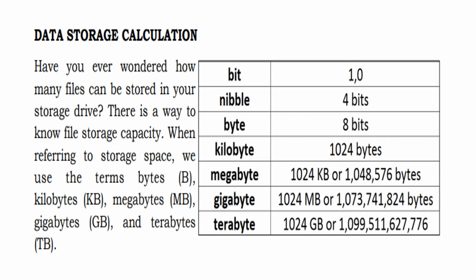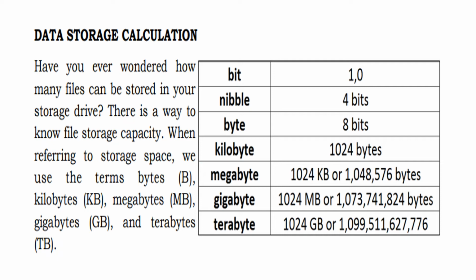Have you ever wondered how many files can be stored in your storage drive? There is a way to know file storage capacity. When referring to storage space, we use the terms bytes or capital B, kilobytes or KB, megabytes or MB, gigabytes, GB, and terabytes, TB.